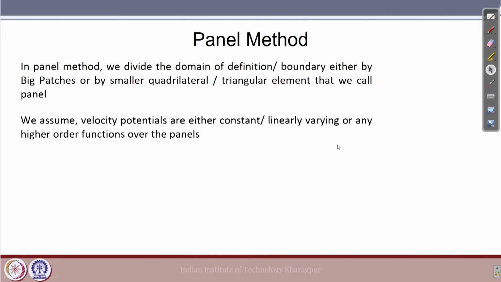Now, the second part is that we assume the velocity potentials are either constant or linearly varying or any higher order functions over the panels. What is the meaning of this? Let us try to understand when I say that the velocity potentials are either constant, linearly varying, or any other higher order functions.